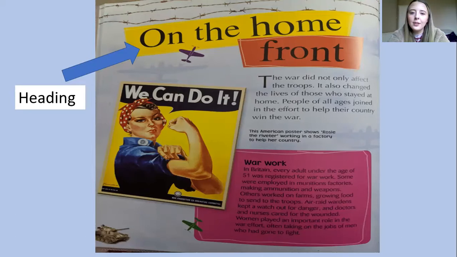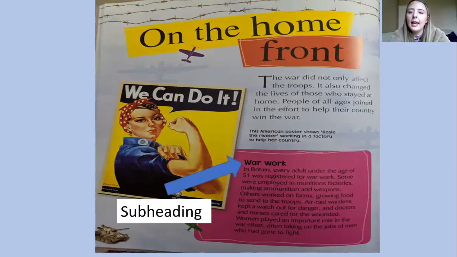Tells us what that page is going to be about, doesn't it? If we were skimming through the book and trying to find a really good page that we'd like to read, we know this page is about being on the home front and finding out information about that. Fantastic. It's usually in bigger writing, isn't it? So it's in bigger, bolder writing and it's easy to spot.